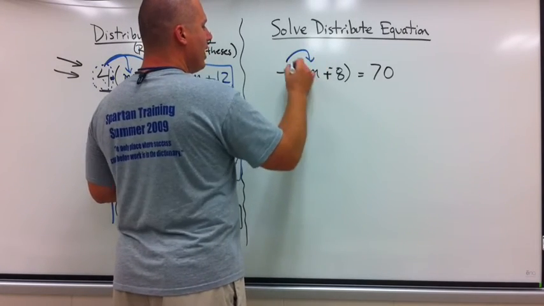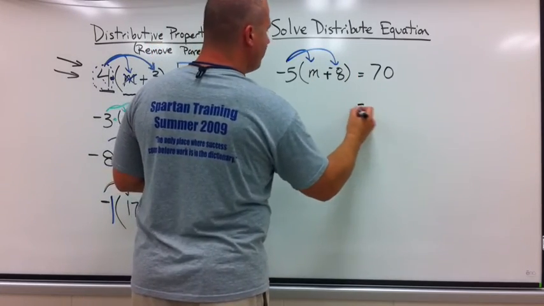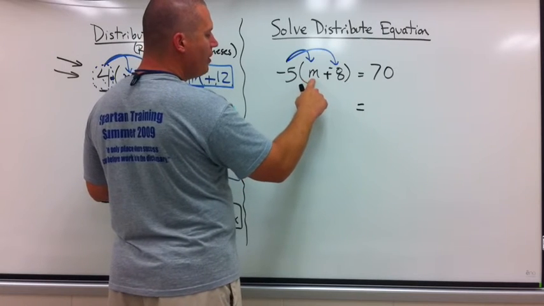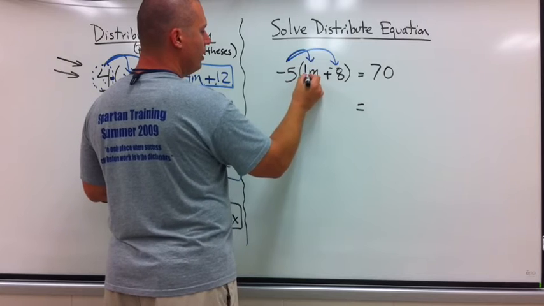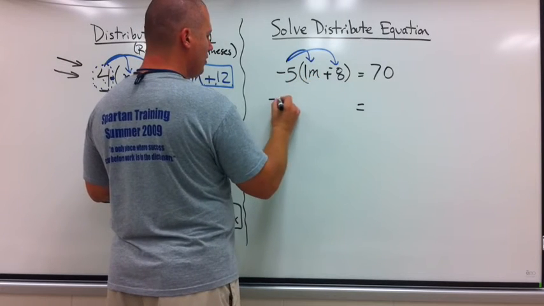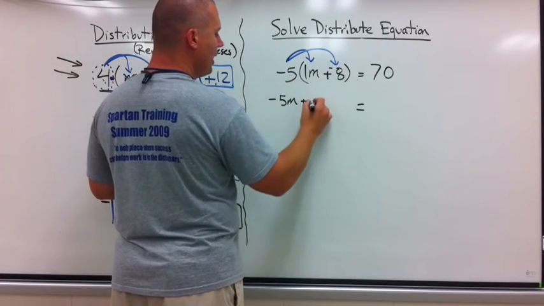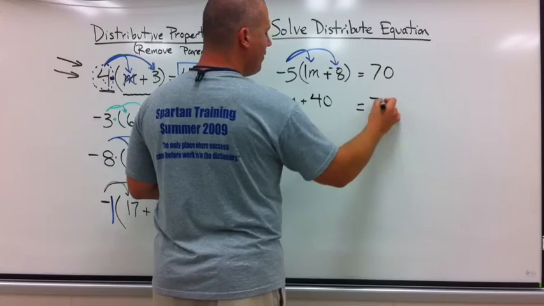Negative 5 times m, negative 5 times negative 8. Let's see what we get. Negative 5 times m, again, what is the coefficient of m? What number goes here? A 1. Negative 5 times 1m is negative 5m. Plus, negative 5 times negative 8 is 40. On the right-hand side, I still have 70.